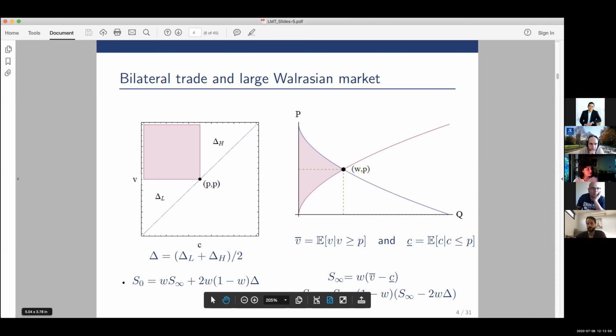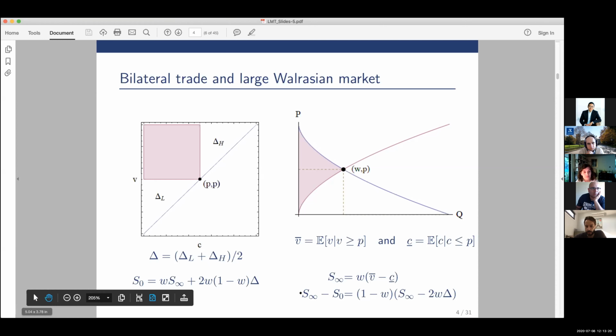And so S naught, in contrast, is the expected surplus that is created in the bilateral trade setting with just one buyer and one seller. And an important ingredient that we're going to use is the difference between S infinity and S naught.